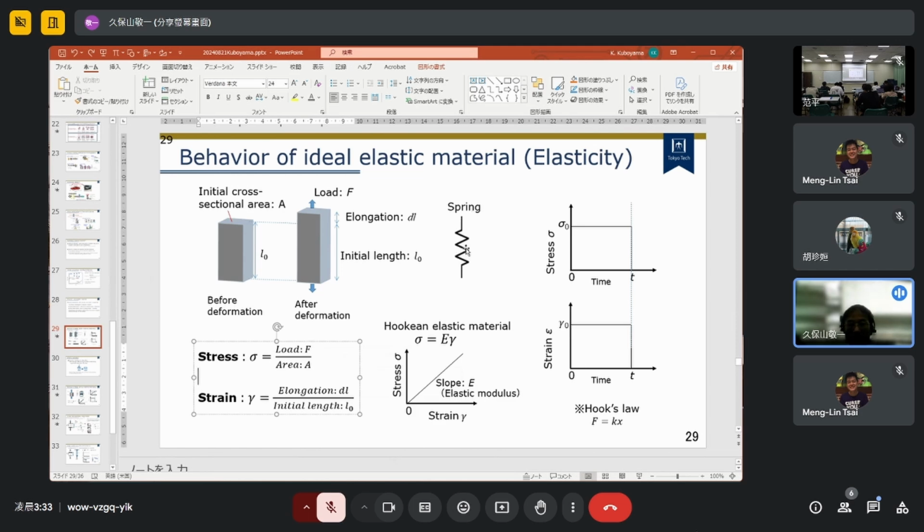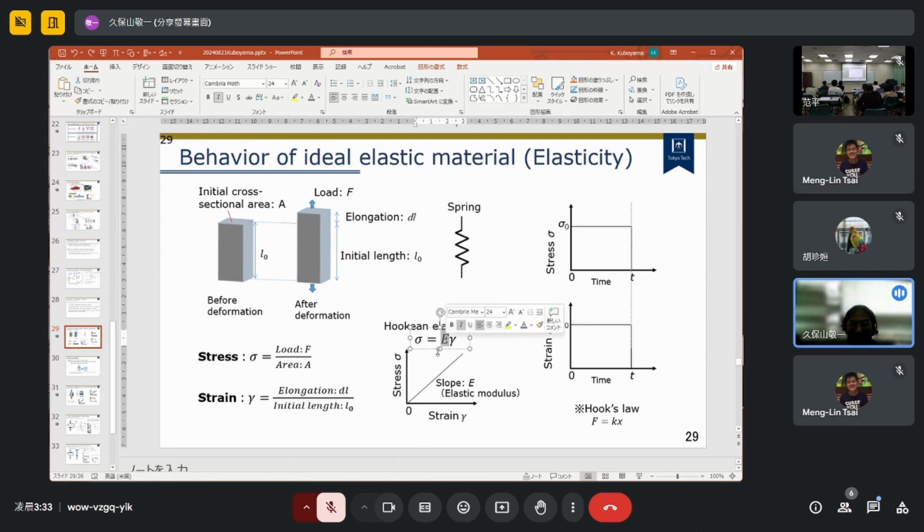In the ideal case, when you increase the strain of the sample, the stress increases linearly, proportionally, like this. So the relationship between the stress and the strain can be represented by this equation.